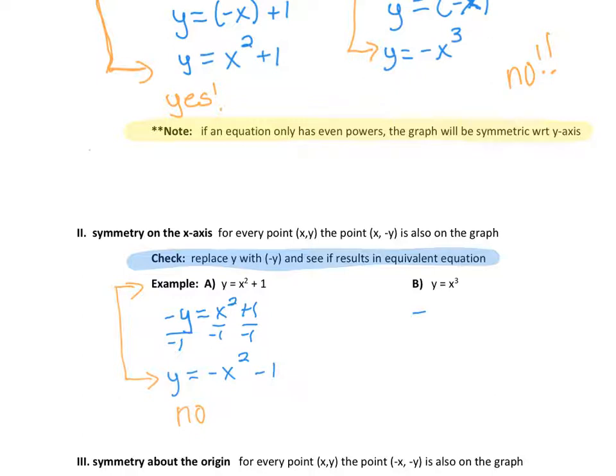If we plug in negative y equals x cubed, to simplify this, we want to know what positive y is, so we divide by negative 1, and we get y is equal to negative x cubed. And once again, we're comparing this equation with this equation, and no, we definitely do not have the same equation there, so we also do not have symmetry over the x-axis.